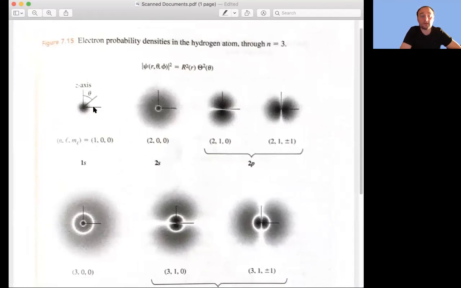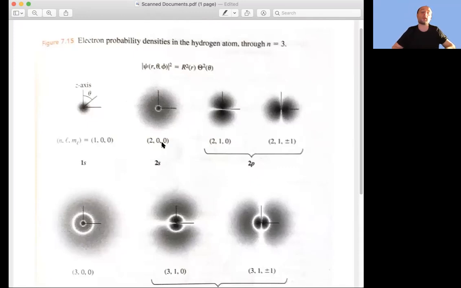When an electron is in its lowest possible state, the ground state, principal quantum number 1, and the other two are 0, its probability density is strictly symmetric. It's actually largest at the nucleus. So this is a zero angular momentum state, completely zero angular momentum. You can have a zero angular momentum state in the first excited level, energy-wise, and the probability density for an electron is a little bit more spread out.